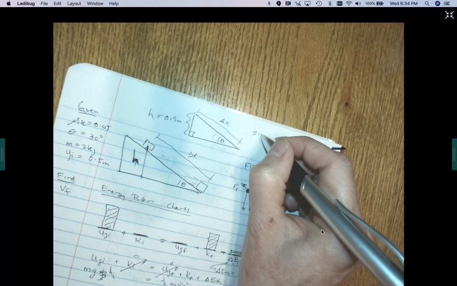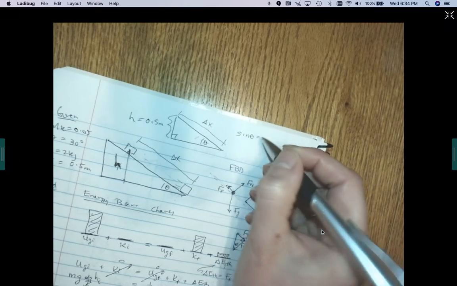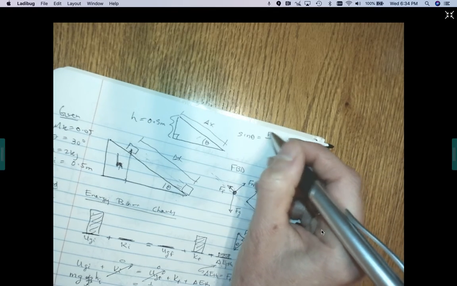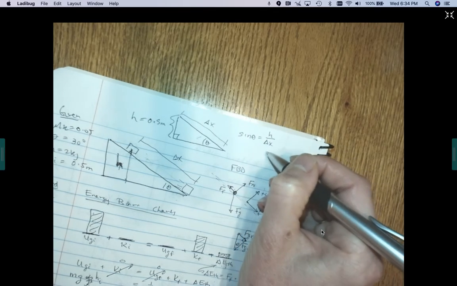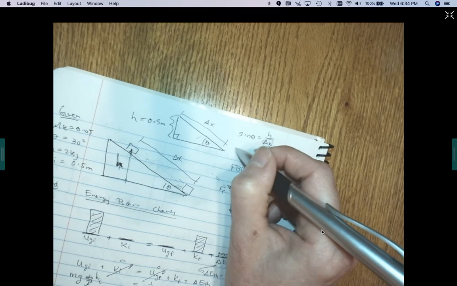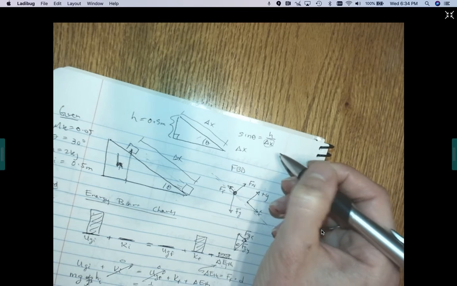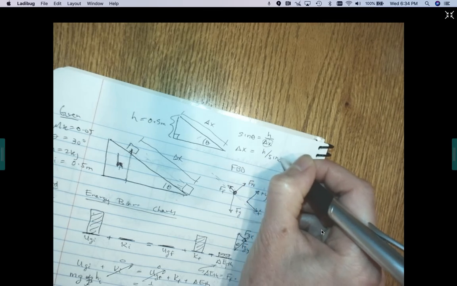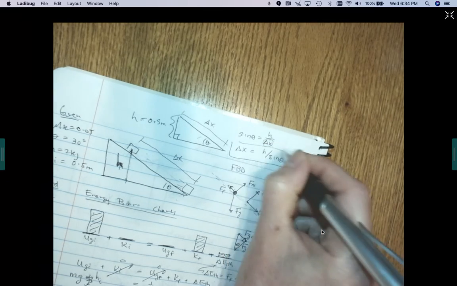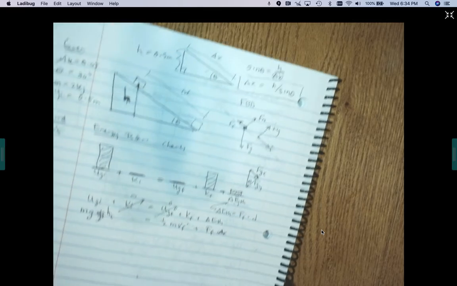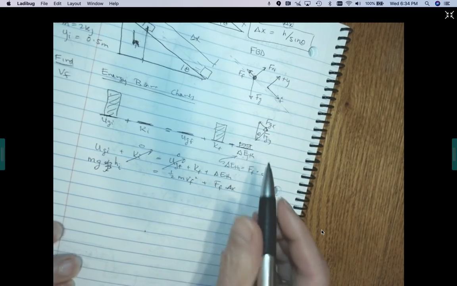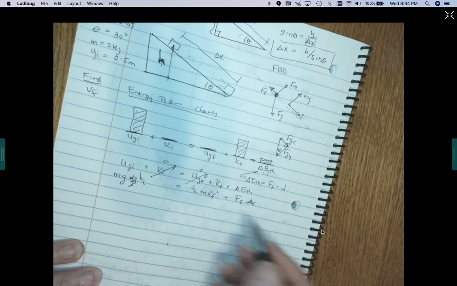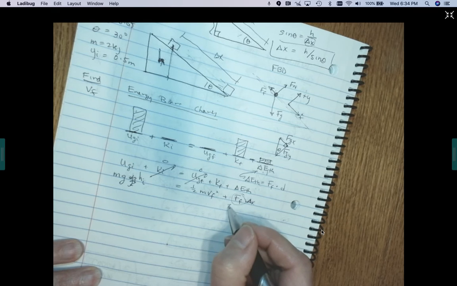So sine of theta is the opposite side, which would be my height, divided by my hypotenuse, delta x. So the distance that the block travels is h divided by sine theta. That's going to be useful in a minute. Okay, so now we have our energy equations set up here. We need to get this from a force analysis.